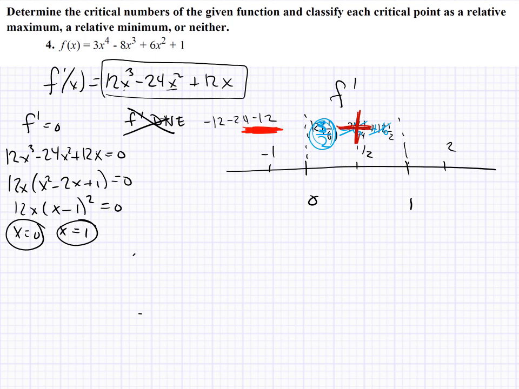Then I'll plug in 2. 2 in here, 2 in here, 2 in here, and I end up getting what, 12 times 8 minus 24 times 4 plus 12 times 2.